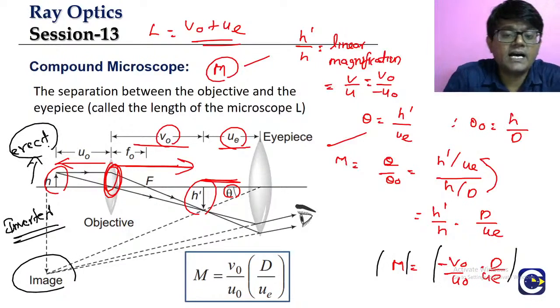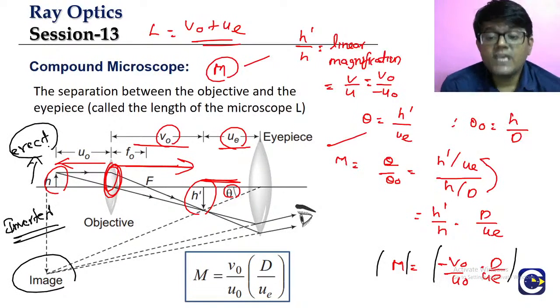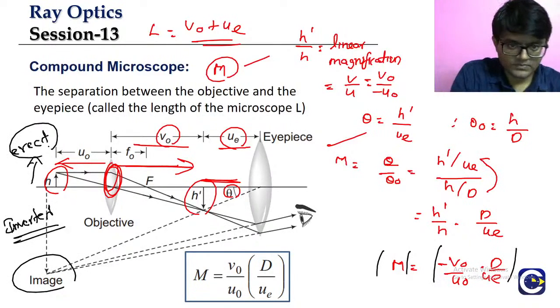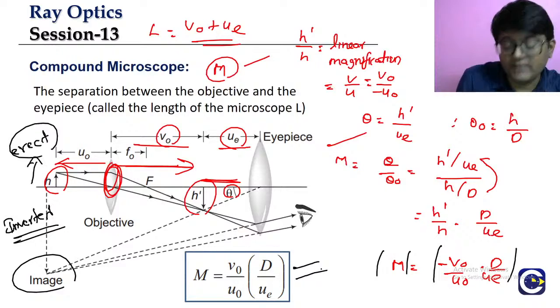So what is the magnifying power formula? VO by UO into D by UE. This is the general magnifying power for any compound microscope.